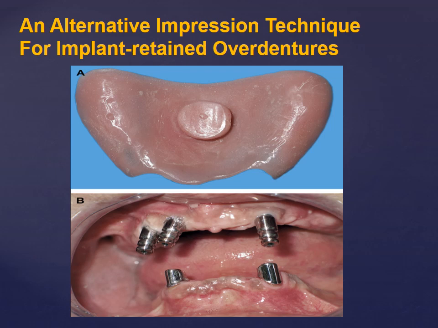Another case for implant retained overdenture. This is the special tray or custom tray for the edentulous area, and we have the implants in the anterior part.